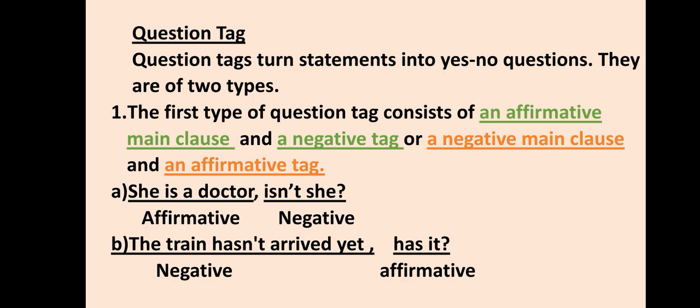See example number one. She is a doctor, isn't she? Here the main clause is affirmative, whereas the tag is negative. Now, second example. The train hasn't arrived yet, has it? The main clause here in the second example is negative, whereas the tag is affirmative.